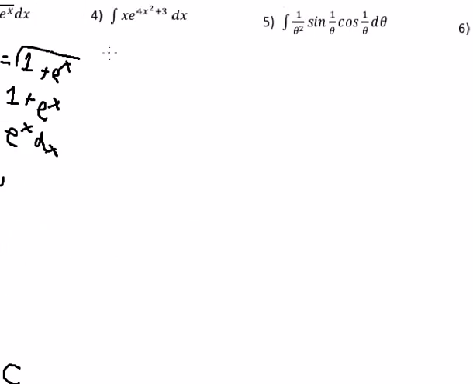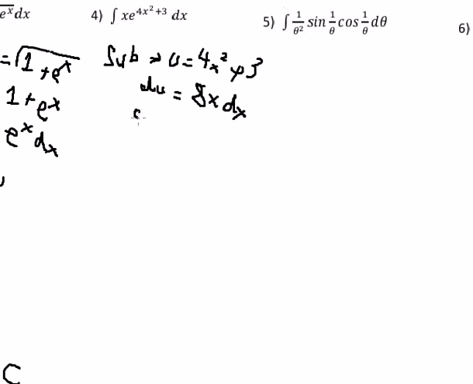Question number 4, we use substitution. So we put u equal to 4x squared plus 3. So you get du equal to 8x dx. Because we don't have the number 8 in here, we divide both sides by number 8.